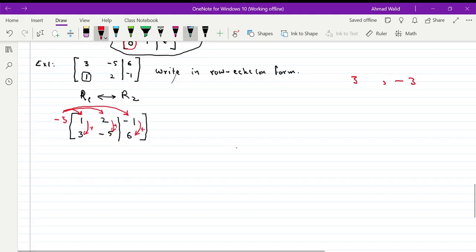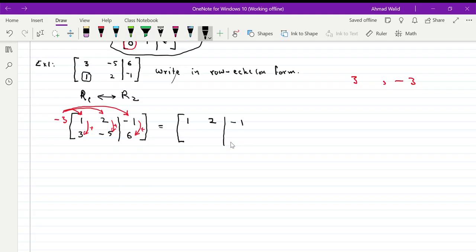Then I can say it's equal to, I will write my new matrix. Do I want to bring a change in row 1? Definitely no. I'll copy my row 1: 1, 2, and negative 1. Now I will multiply negative 3 to each element of row 1, and I will add the product to the corresponding element in row 2.